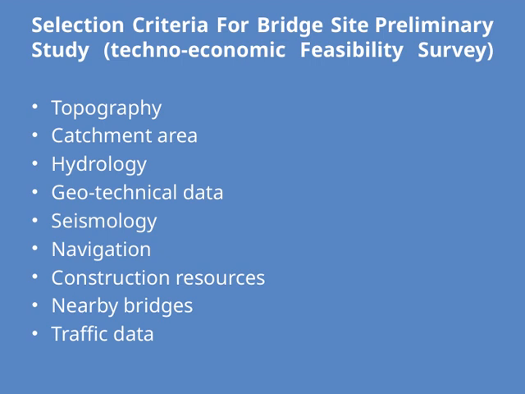Traffic data is also essential, as understanding current and projected usage helps us design a bridge that meets future demands efficiently. Overall, these criteria form a comprehensive framework that guides us in selecting the most suitable site, balancing technical feasibility with economic viability, and aligning with the broader project goals.